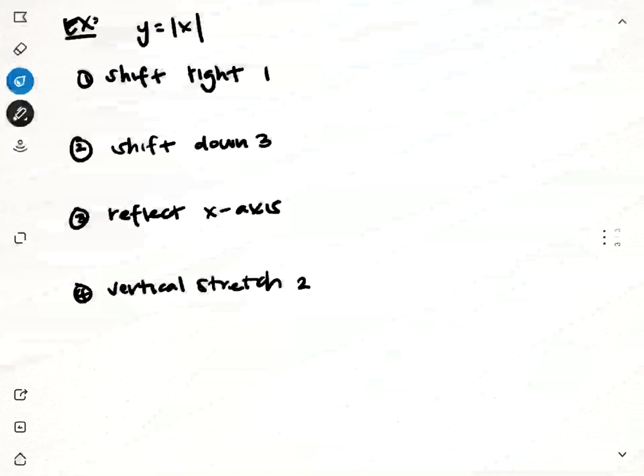All right, let's do that same idea here. This time they're giving us our base function y equals absolute value of x. So if we want to shift right 1, right and left is inside. So y equals, and remember inside the parentheses, it's actually opposite. So if we want to go to the right, it's minus.